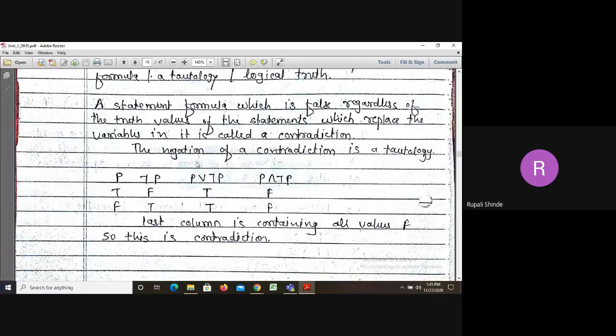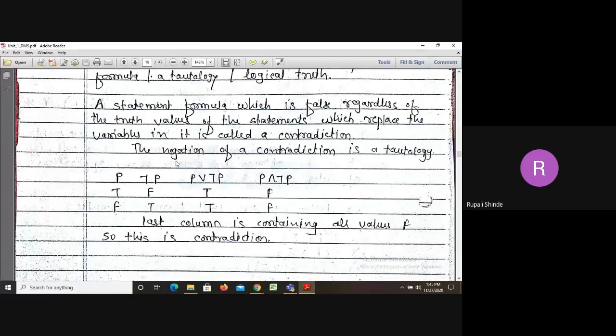So here we can say that this third column is a tautology because it is containing all the values T, and this last column is called a contradiction because it is containing all the values F.